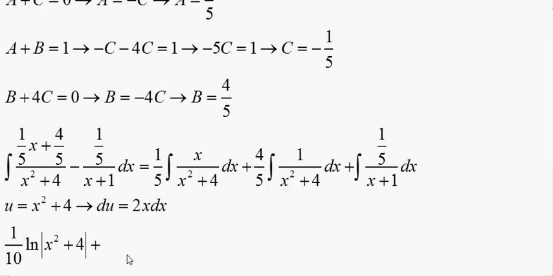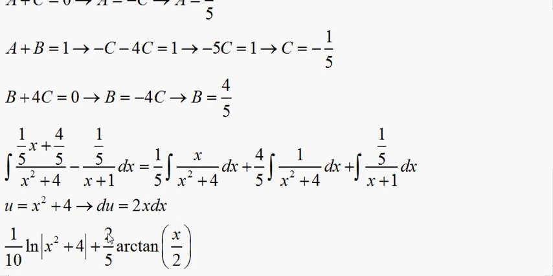But if all else fails, if you can't remember, you can use a trigonometric substitution and you'll get it. So this happens to be, well, this is your a squared, and it's equal to 1 over a times the arc tangent of x over a. So 4/5 divided by a is 2, so this becomes 2/5, and this is arc tangent of x over a, which is x over 2.